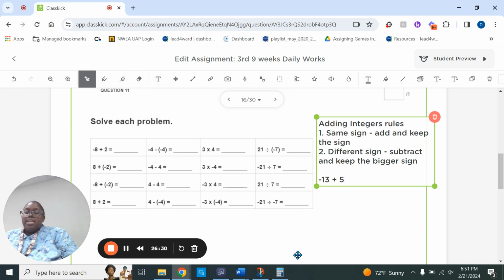But the thing about it is, is that 8 going to be positive or negative? Well, let's think about this for a moment. I had a 13 and a 5. Even though the 13 was negative, I had 13 and I had a 5. Out of the two of those, which one is bigger? The 13. So I'm going to keep that sign because I had more negatives than positives. So it will be negative 8 for the answer.